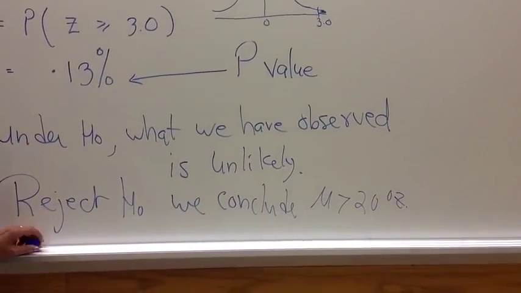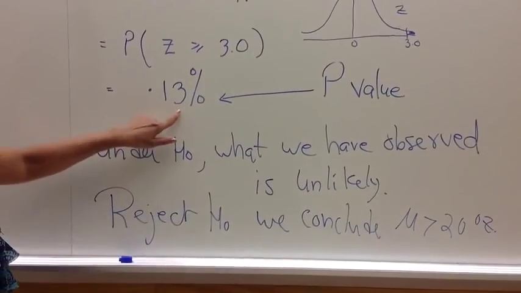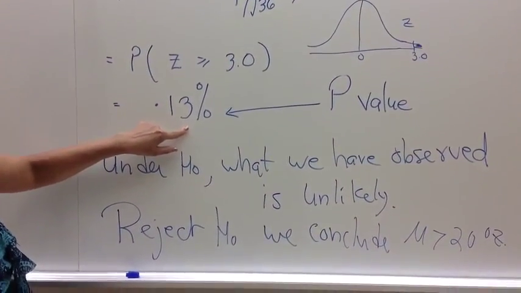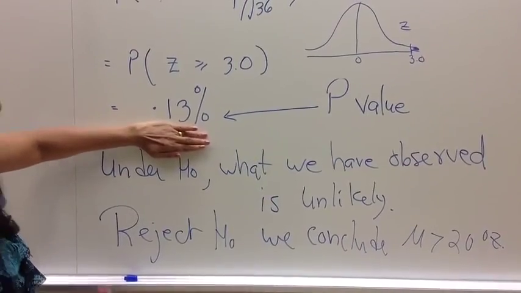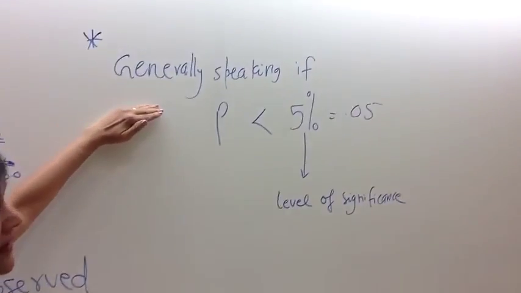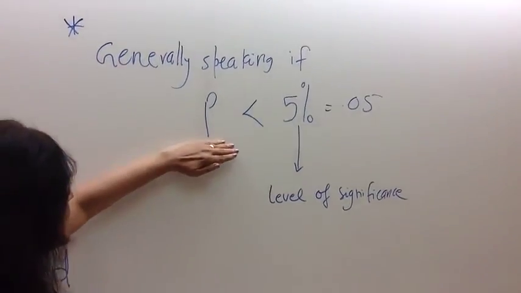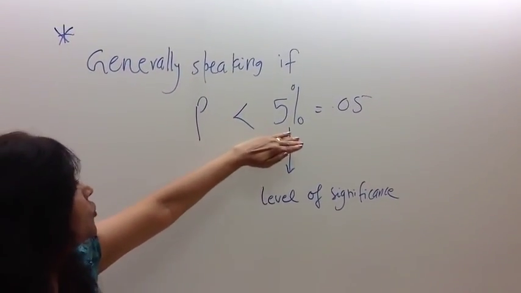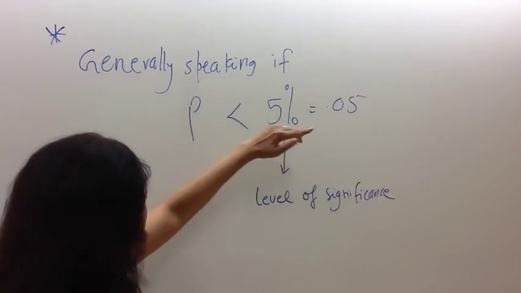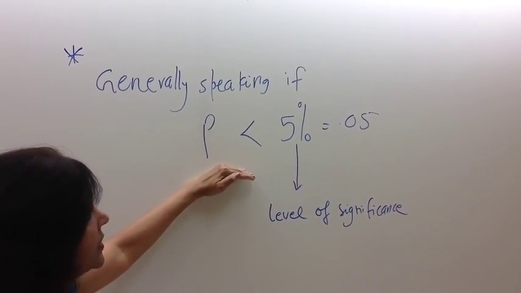So now the question is, well, our p-value or probability, which was 0.13%, how do we know it is low? Do we have a guideline? And the answer is yes. Generally speaking, if the probability of an outcome is lower than 5% or 0.05, we consider that probability to be low.